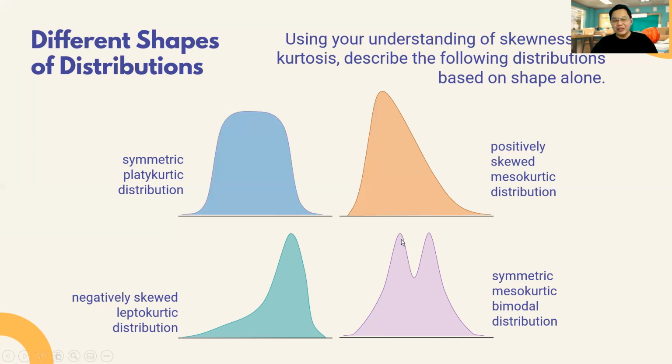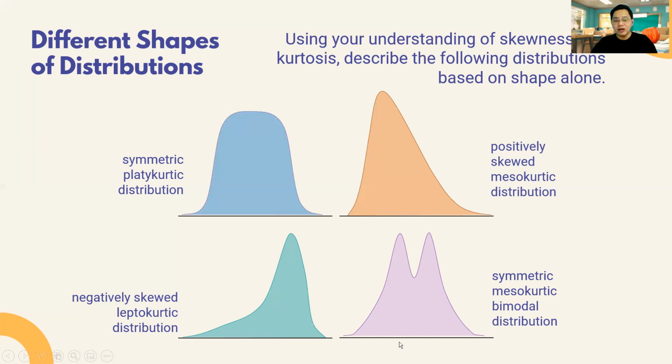And whenever that happens, we have to remember that density curves are based on histograms. And whenever a histogram would have two bars, imagine there are two bars here of the same height, and it so happens that these two bars are the tallest in all of the bars in the histogram.